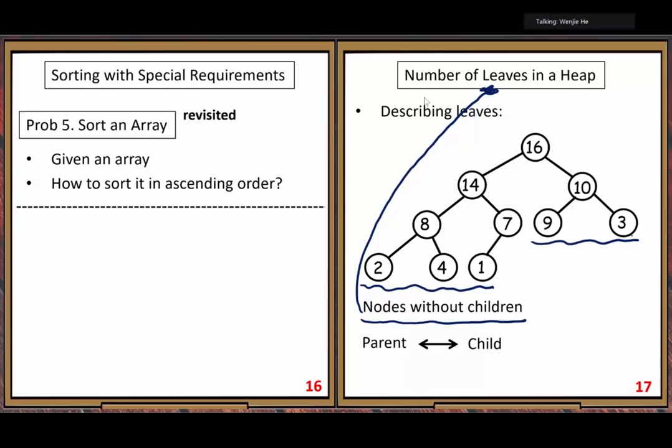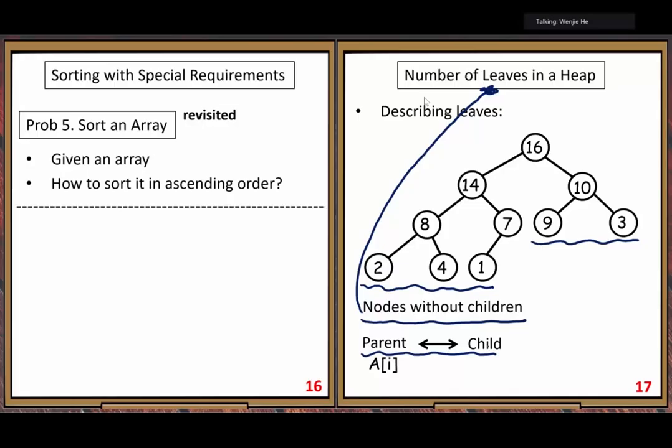But how do you describe a leaf? Here we use the parent-child relationship to describe a leaf. If a node is qualified as a leaf node, then it does not have any child node. So that's the criteria. Let's consider A of i.